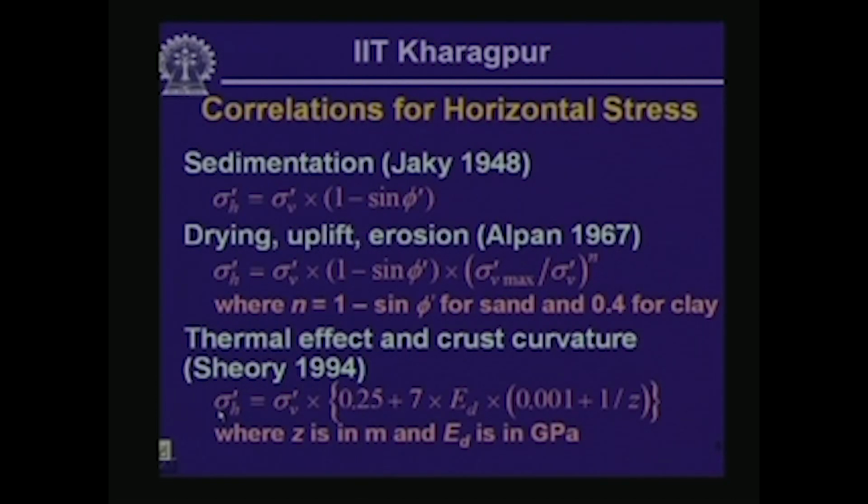Okay. So, then we have got some of the correlations for estimating horizontal stress. Now, if you have got unlithified sediments, freshly deposited unlithified sediments that have consolidated or stabilized under their own weight, in that case, sigma h prime is going to be equal to sigma v prime multiplied by 1 minus sin phi prime.